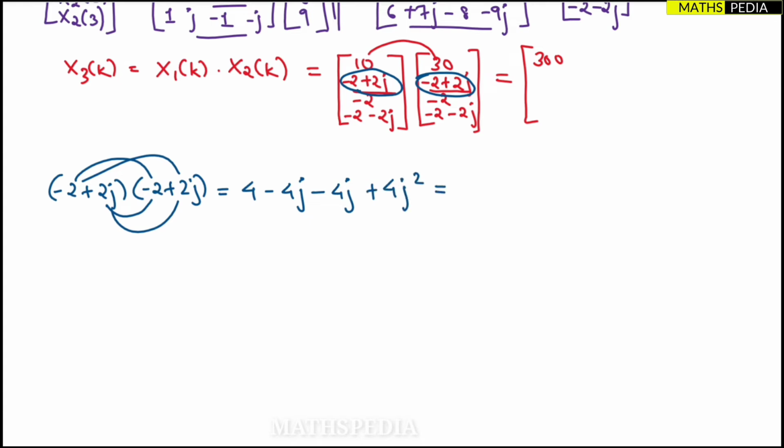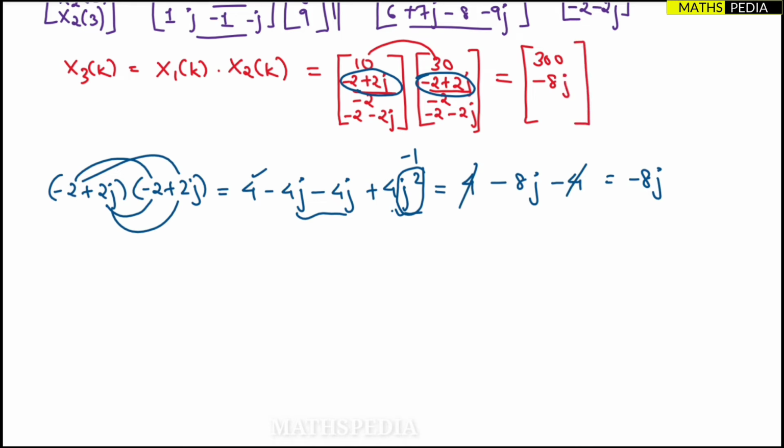Okay, so what will be the answer of this? Here we can see 4 is there. Here j square, what is the value of j square? J square value is minus 1. So I'll write it again: 4, minus 8j, right? And this one will be minus 4. So these two get cancelled, which is equal to minus 8j, correct? So I will just put it here, minus 8j, simple.